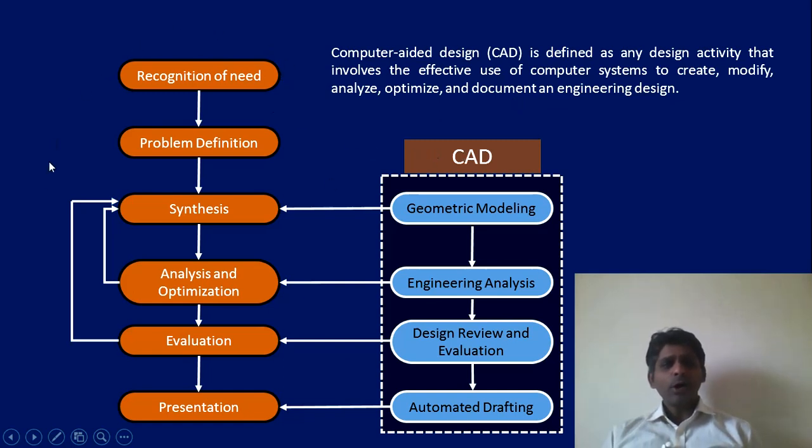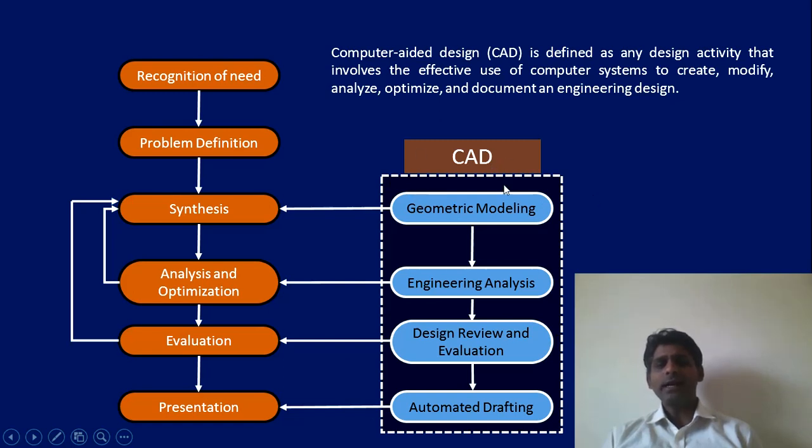So you can see that all of these phases or stages, these are the stages that we have already seen in the design process in the previous slide. To this we are adding this CAD, right? So you can see here in this white box, we have CAD.